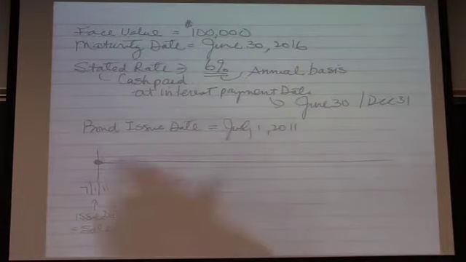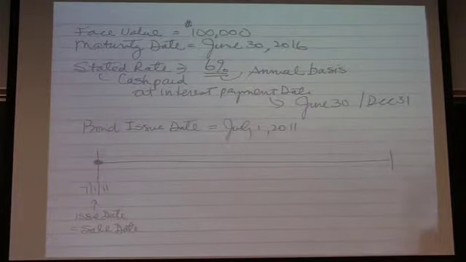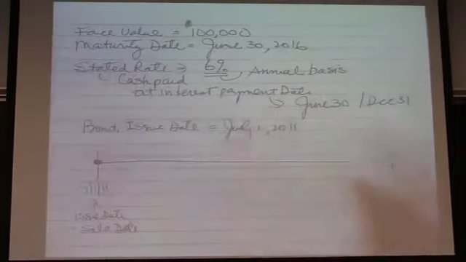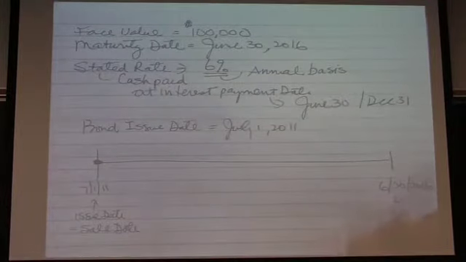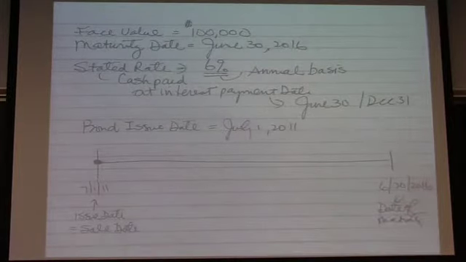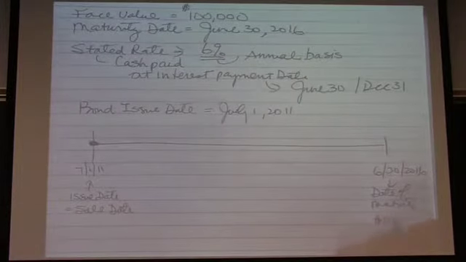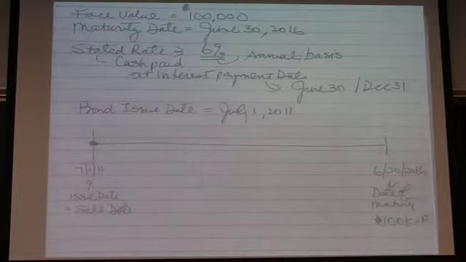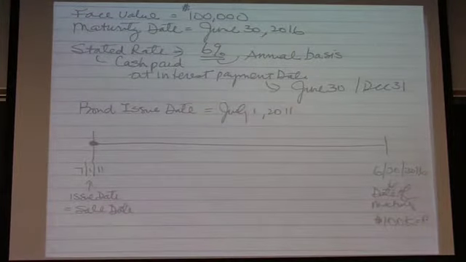Now, this happens to be the maturity date, right? Maturity date would be June 30th, 2016, which means that there will be an outflow of cash of $100,000, which is the principal. So on this date, the principal will have to be paid.